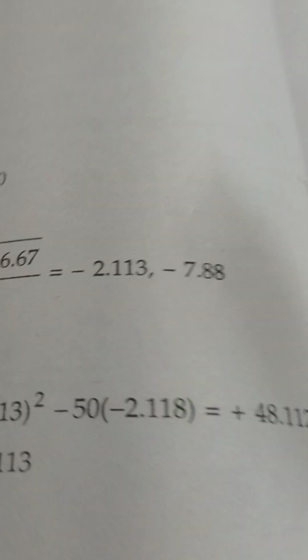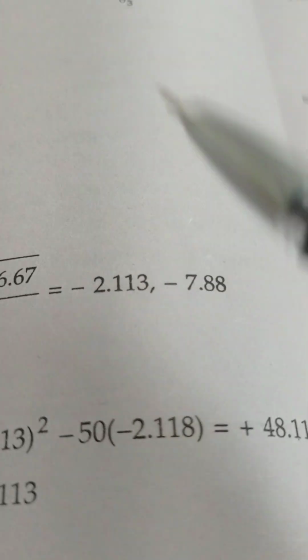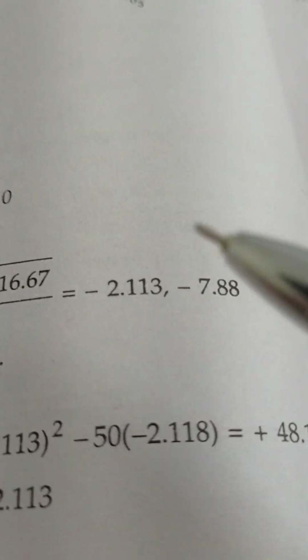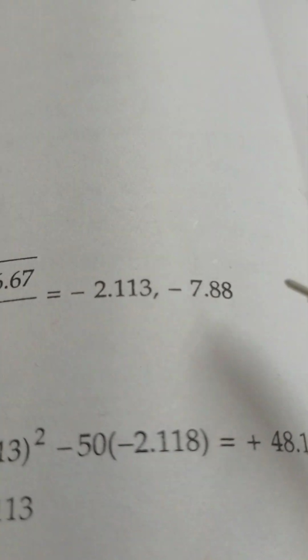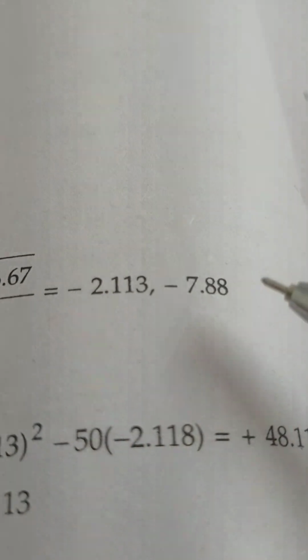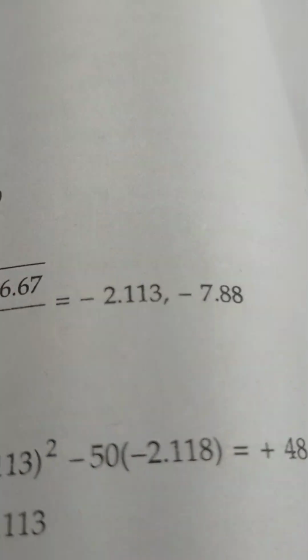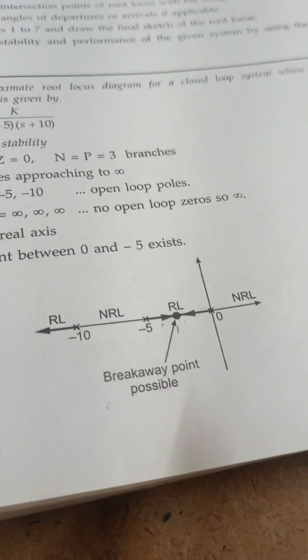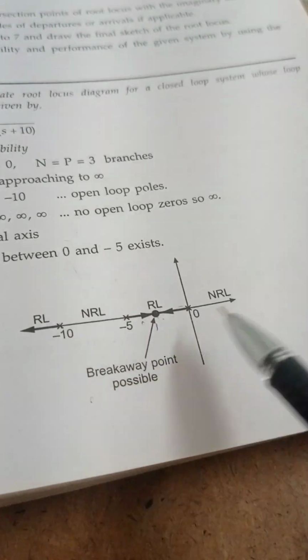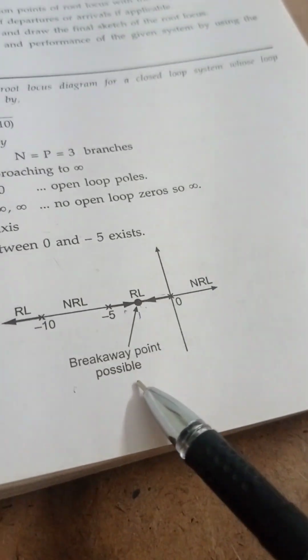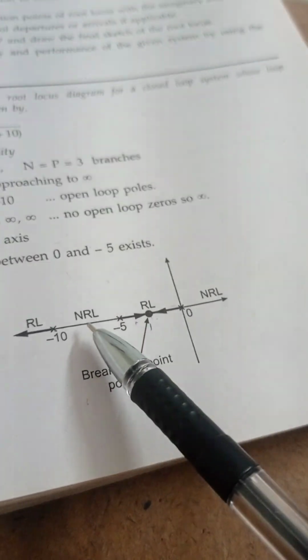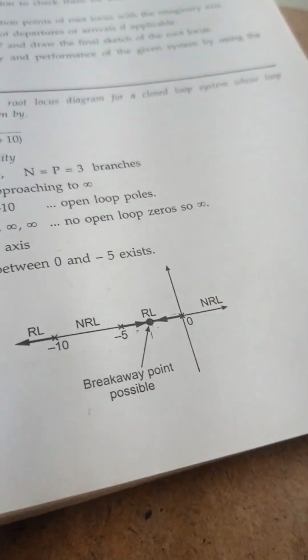Here we will take the value of the breakaway point as minus 2.113. We will not consider minus 7.88, because we have assumed that the breakaway point will be somewhere between minus 5 and 0. Minus 2.113 is between minus 5 and 0, but minus 7.88 is not in between, so it is not a breakaway point.